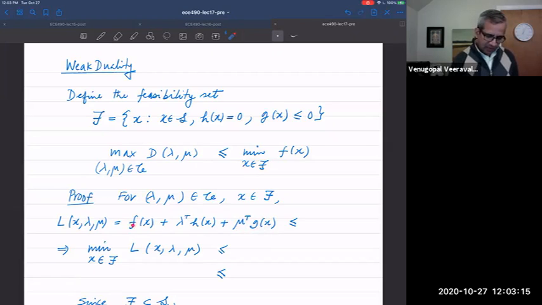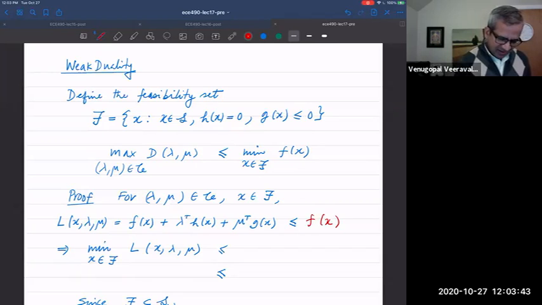So if we look at this whole sum, this is 0 and this is less than or equal to 0. So this sum is less than or equal to f(x), correct? On the set F, when lambda, mu belongs to C and x belongs to F, this is true. This statement is true for all lambda, mu belonging to C and x belonging to F.